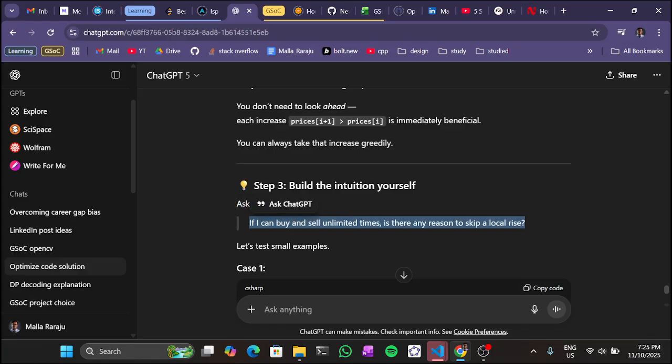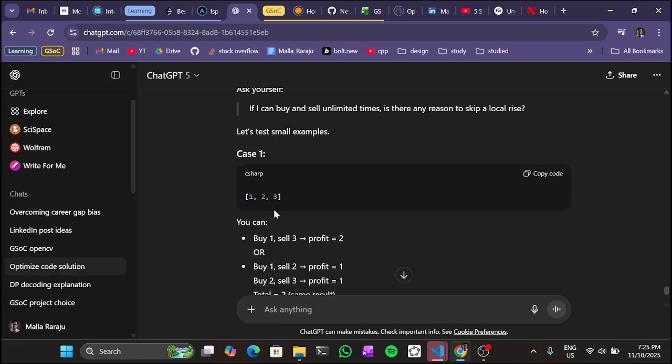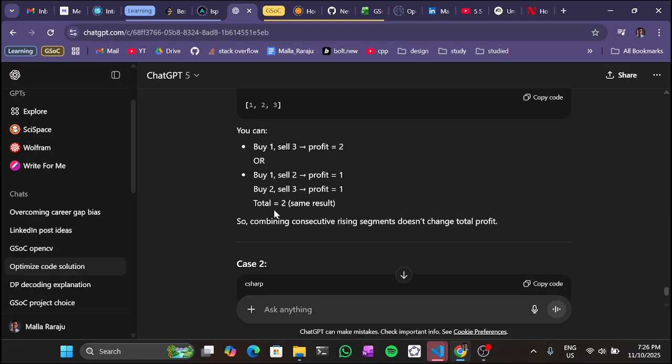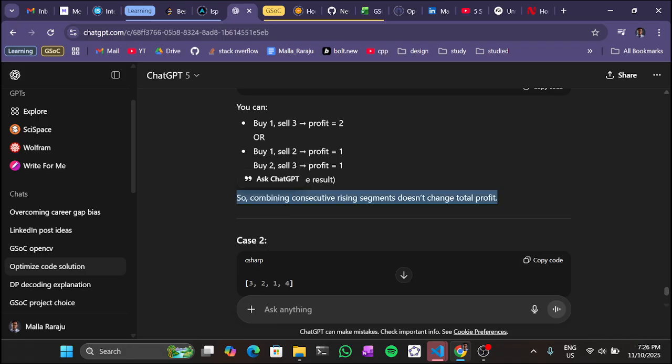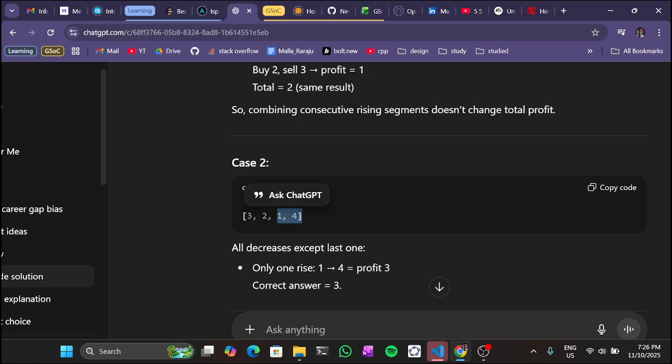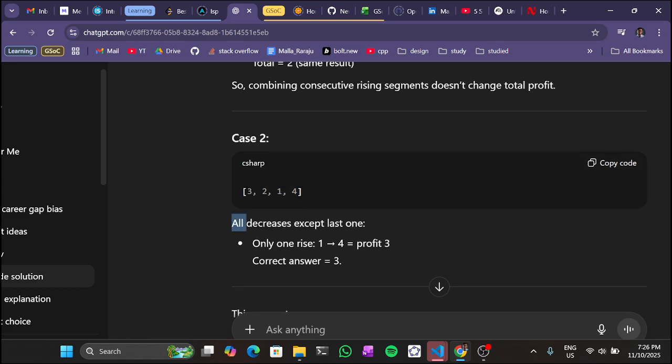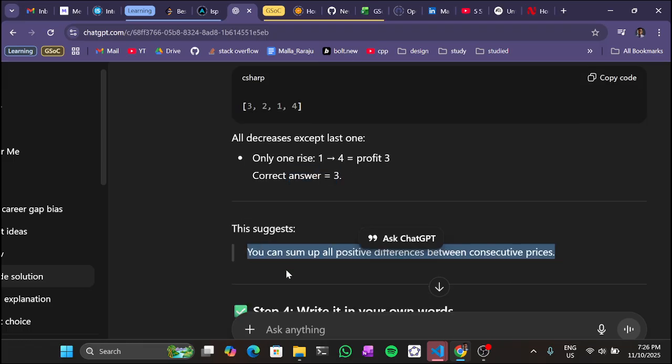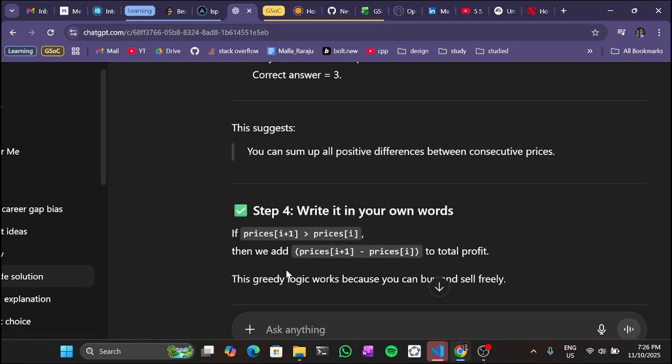If I can buy and sell unlimited times, I don't need to skip a local rise. Well, we know that for sure, but we can sum up all positive differences between consecutive prices.